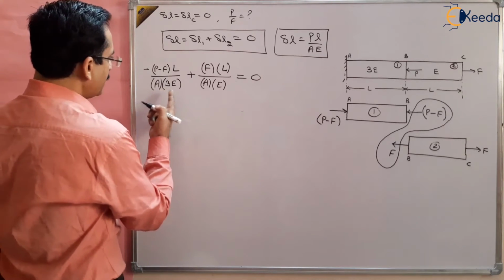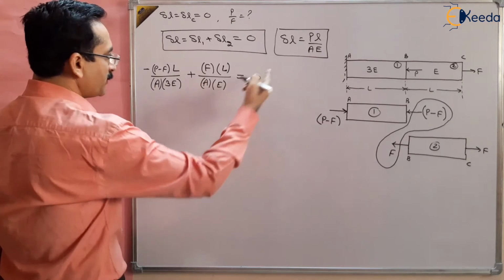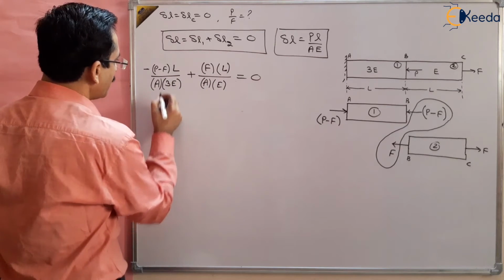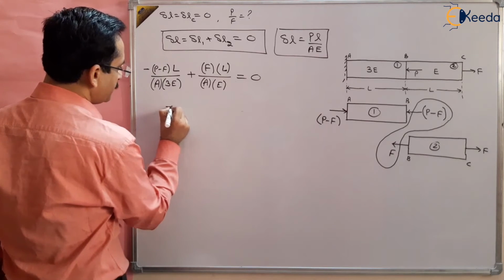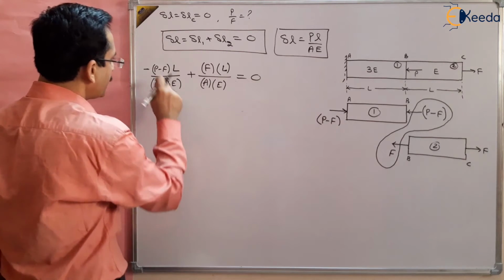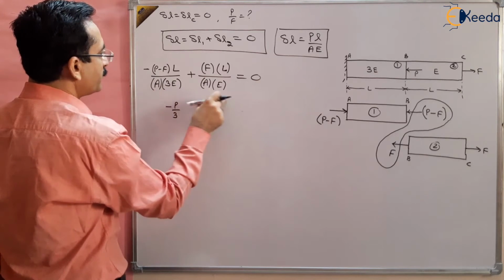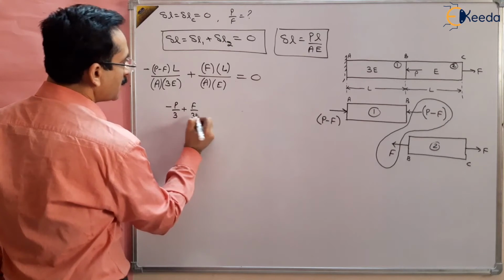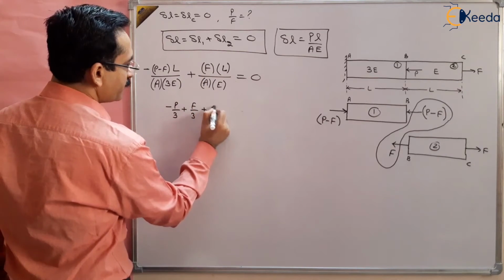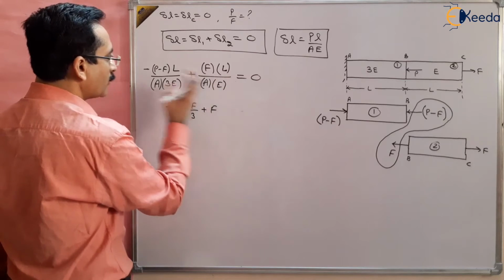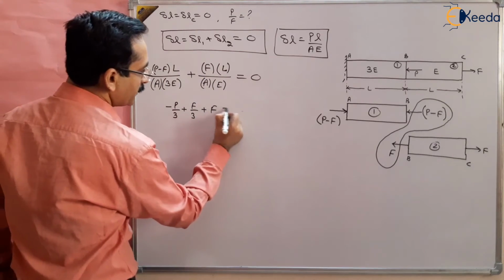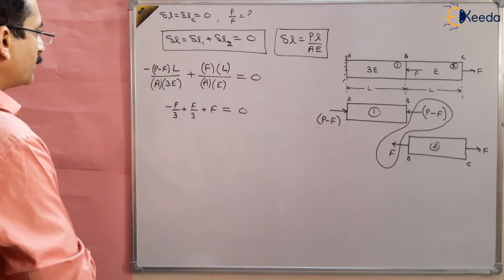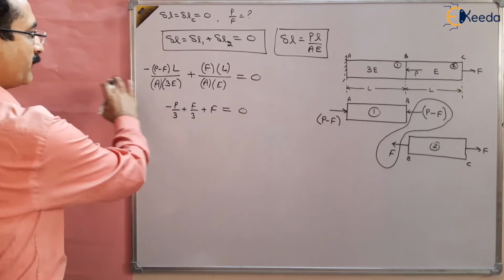Now here L by AE can be taken out, which cannot be equal to 0, so what we are getting is minus P by 3 plus F by 3 plus F, and this part should be equal to 0, because L by AE is taken out and it cannot be equal to 0.